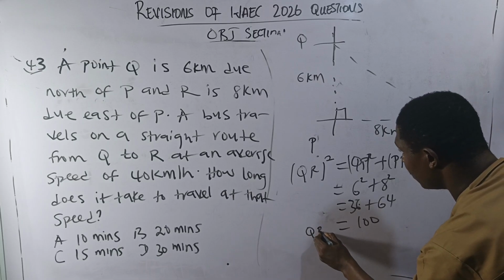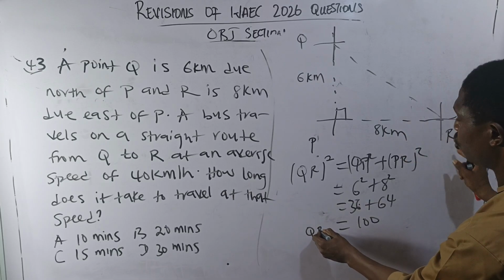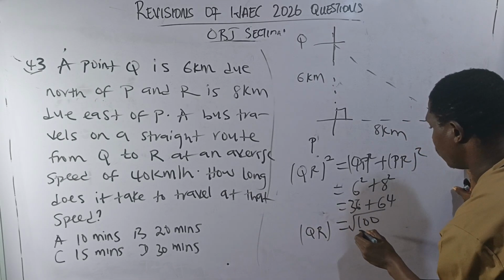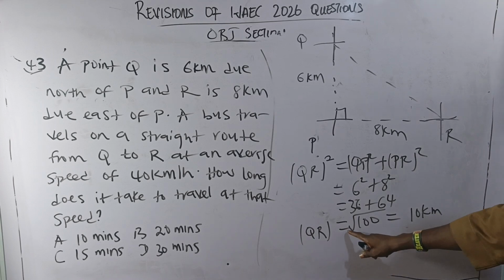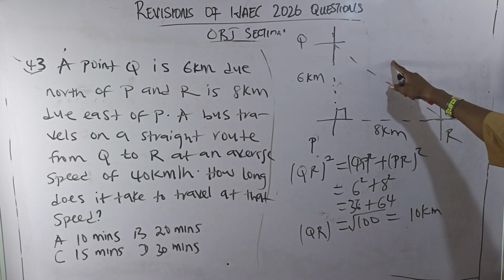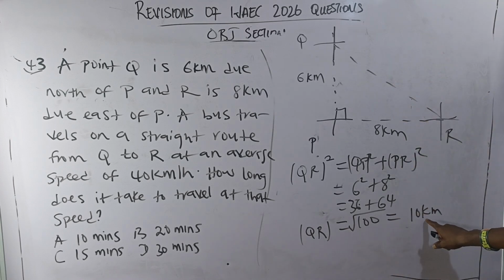So QR therefore equals the square root of 100, which is 10. Which unit? Kilometer. So we have 10 kilometers for this. Remember, we are supposed to have plus or minus 10, but a distance must be positive. So our QR must be 10 kilometers.